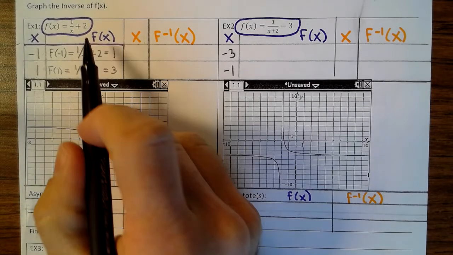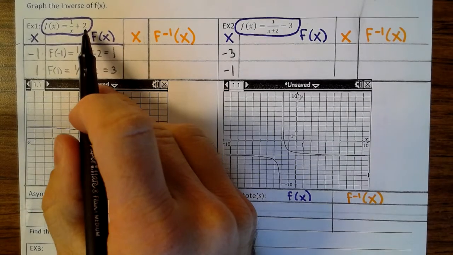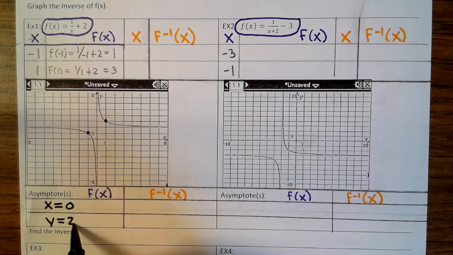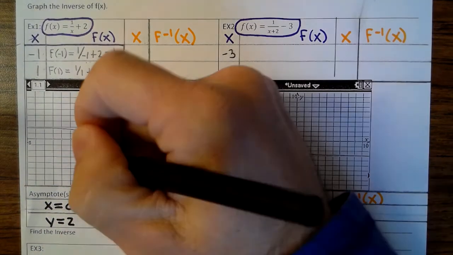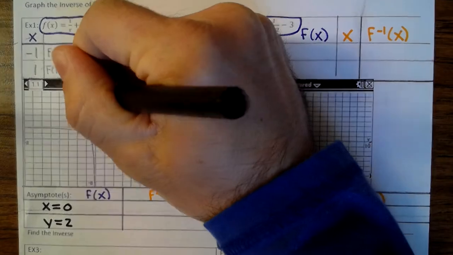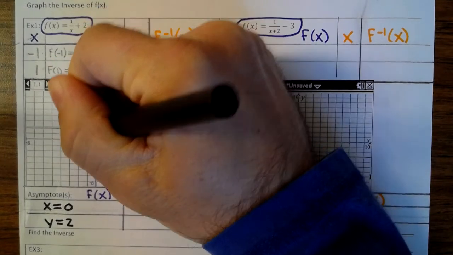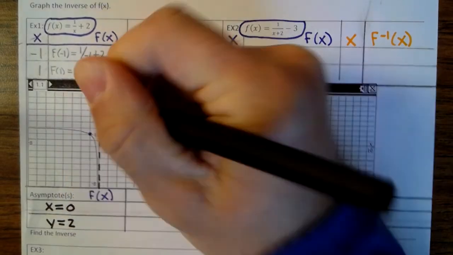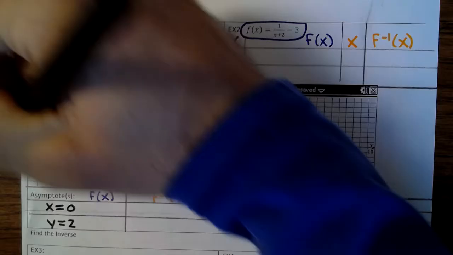And we see here that our horizontal asymptote has increased to 2, so it's y equals 2. So x equals 0, and y equals 2.